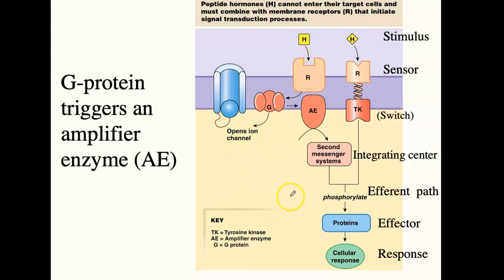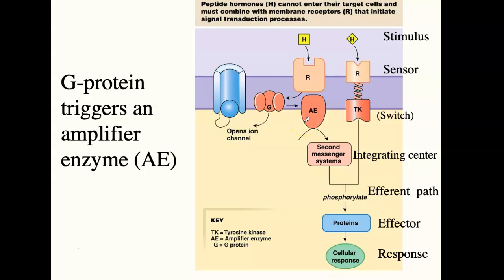This is the inside of the cell over here. Receptor then communicates with this G protein. It's going to open channels on the membrane. And then it's going to also trigger a response by AE here, which is an amplifying enzyme.